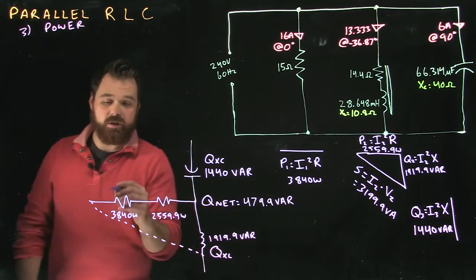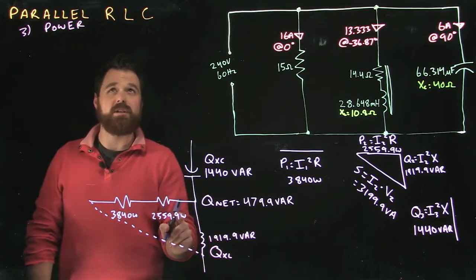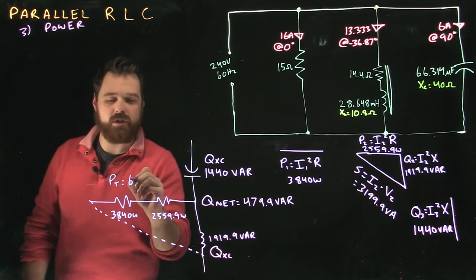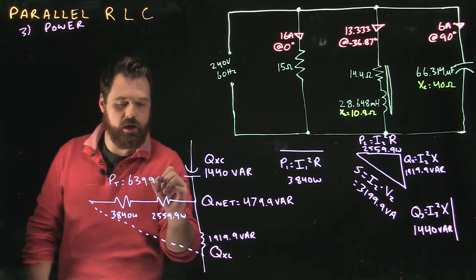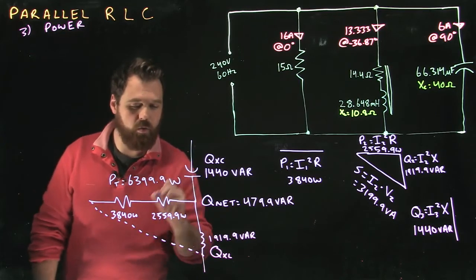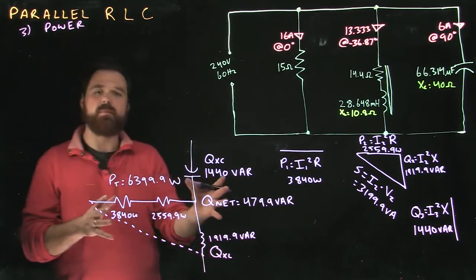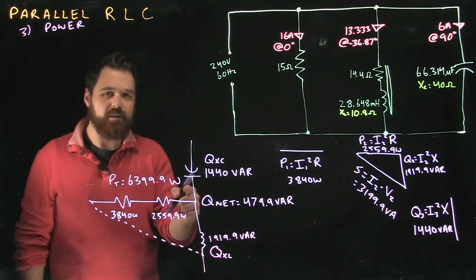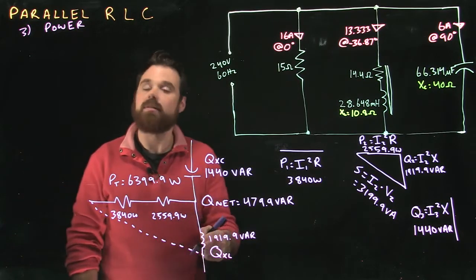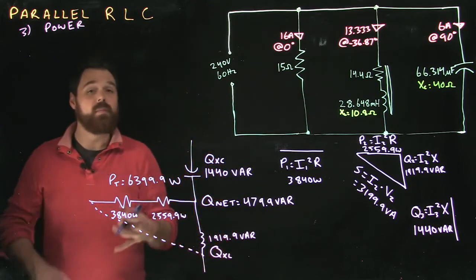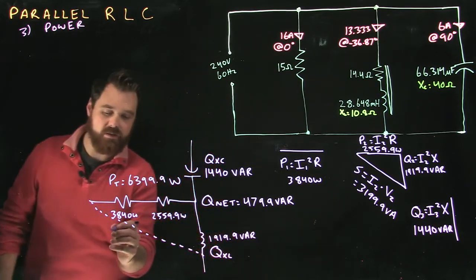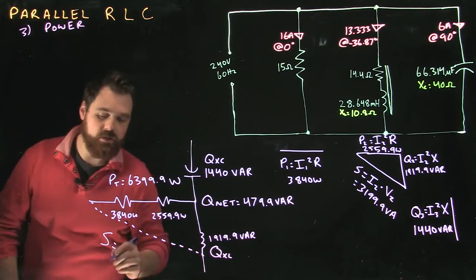My power total is going to be P1 plus P2. In this case, PT equals 6399.9 watts. So now I've created for myself a power triangle for the circuit: 6,399.9 watts, 479.9 VARs. I can do Pythagorean's theorem, and I can solve for my S if I want.